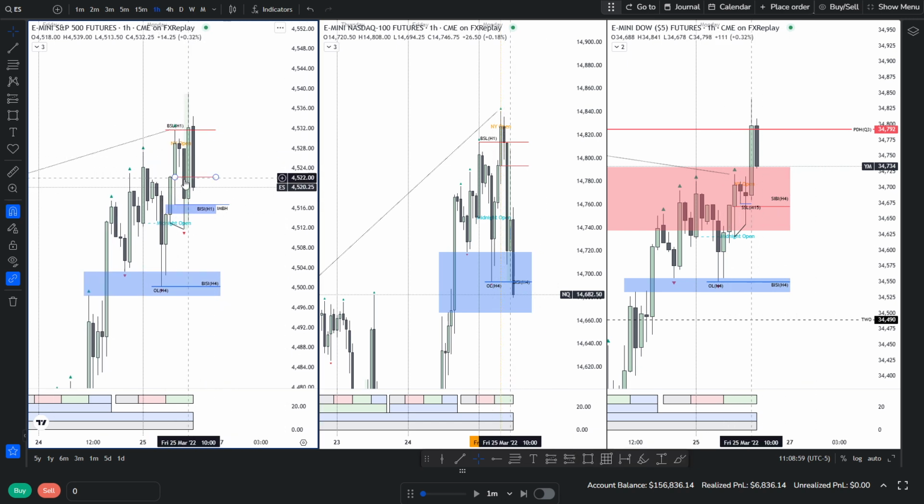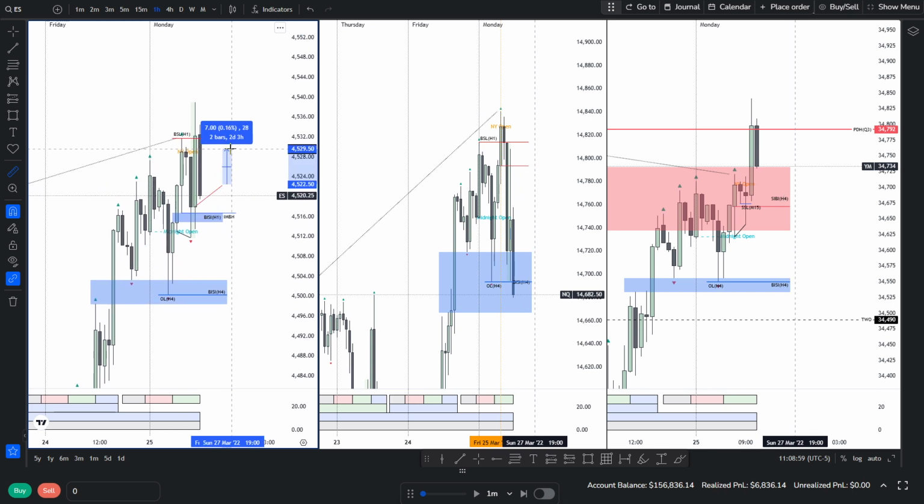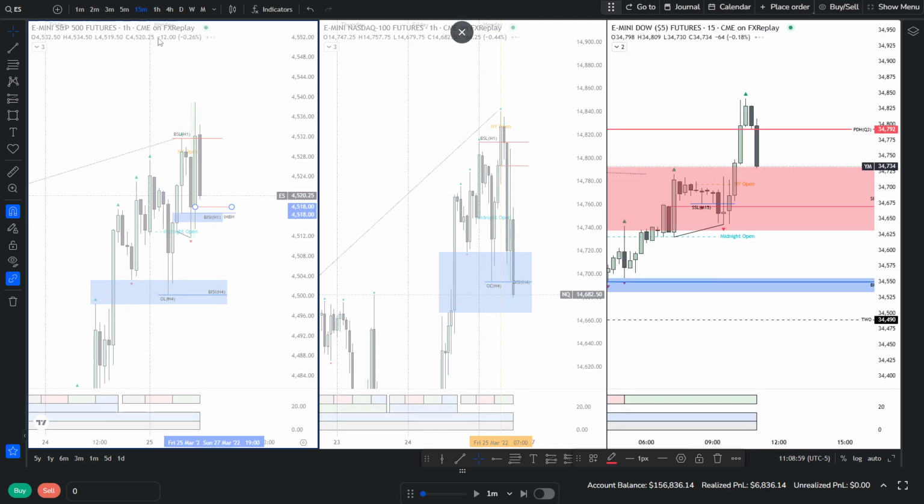So ultimately, bullish order block H1 would be there. That's the high. Let's check the M15.